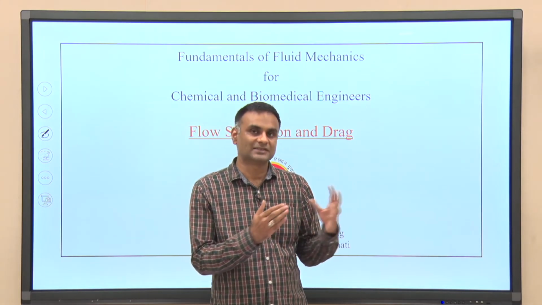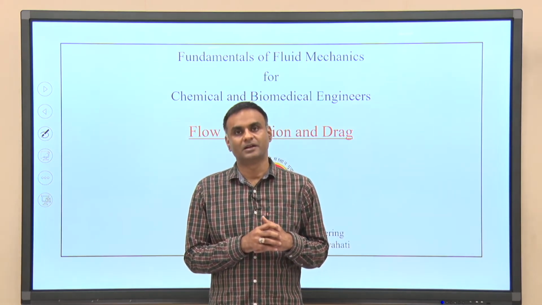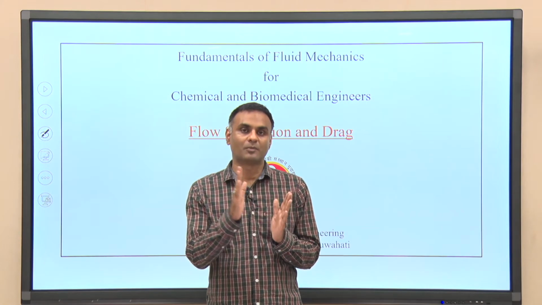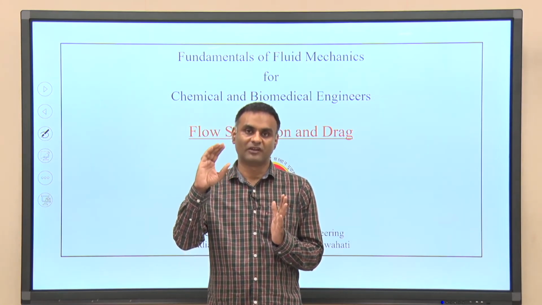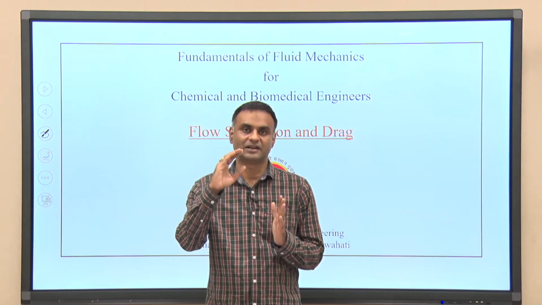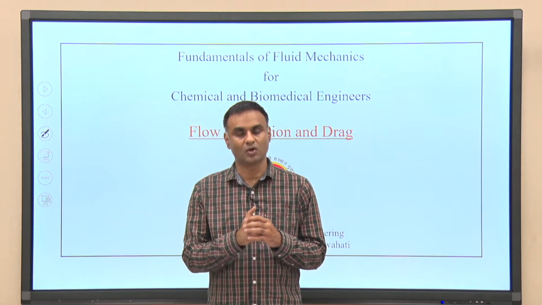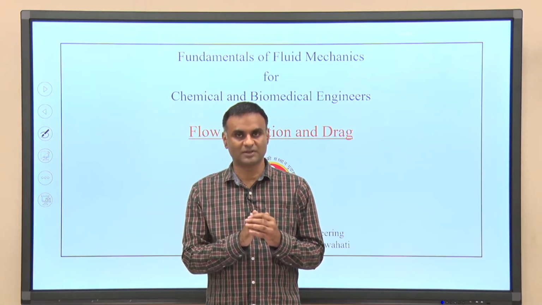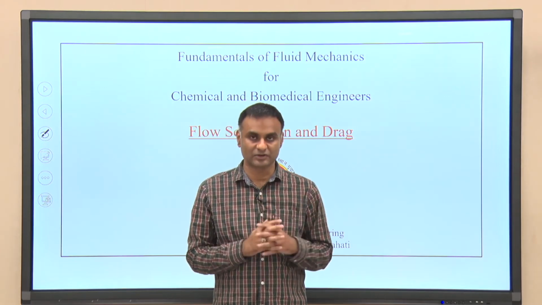Now, in the last class we looked at the momentum integral equation, and we solved the problem of boundary layer flow over a flat plate, where we considered the pressure gradient in the outer flow along the flow direction. That means, if the flow direction is along the x direction, dP by dx is equal to 0.